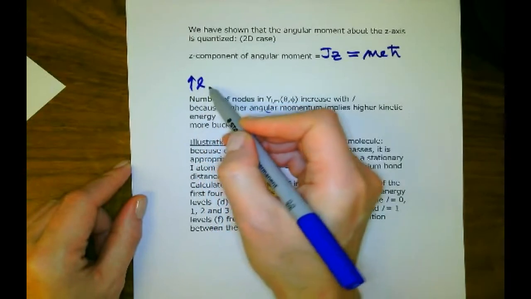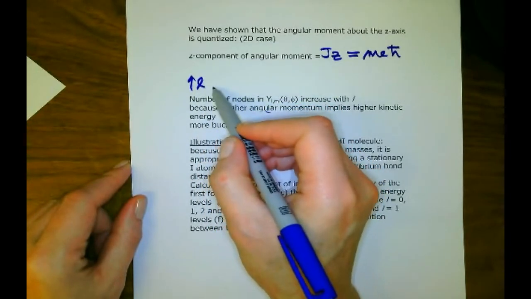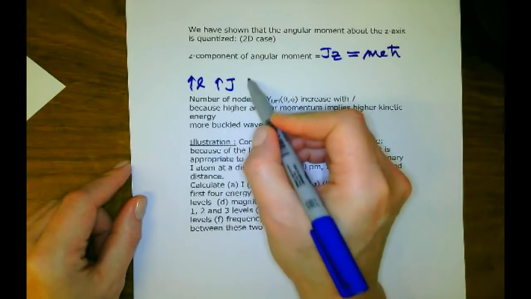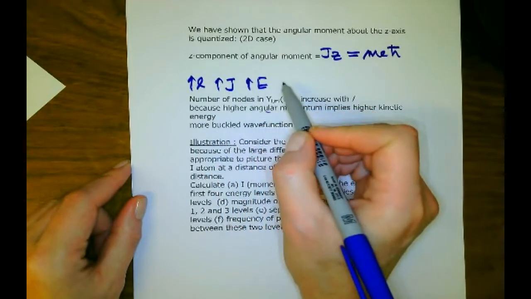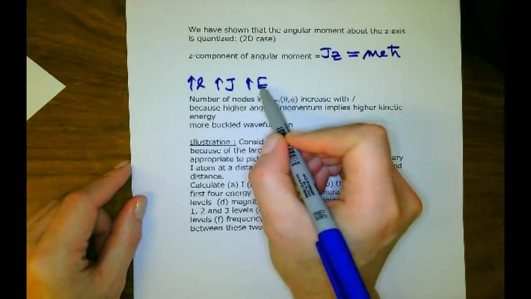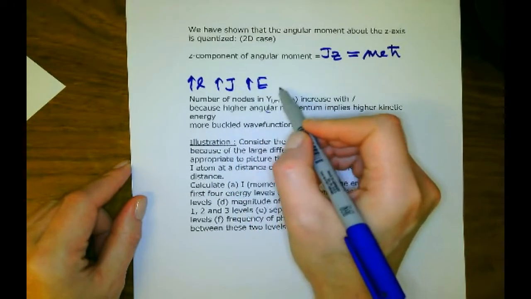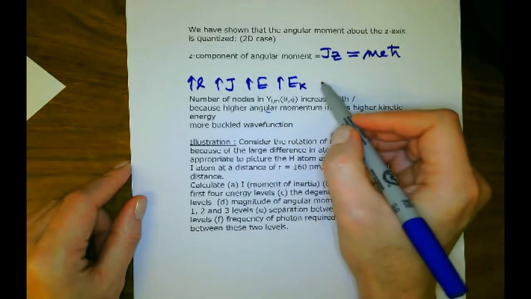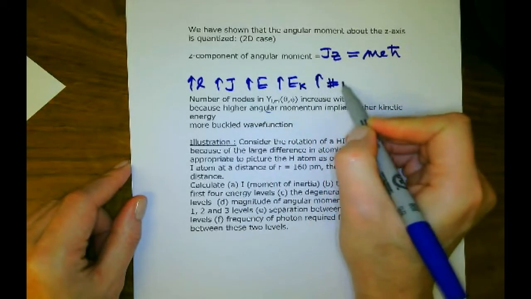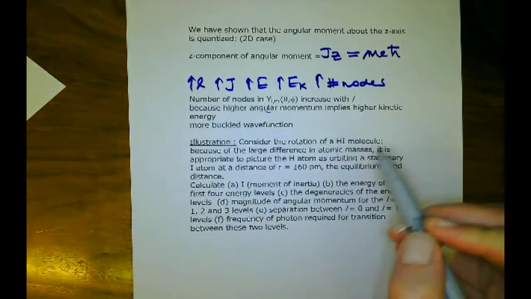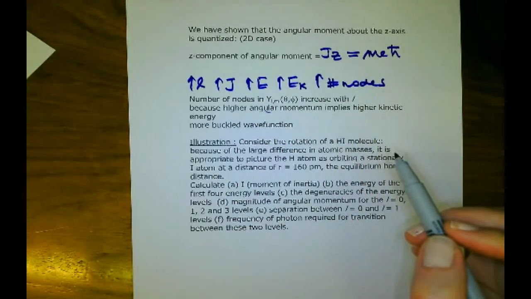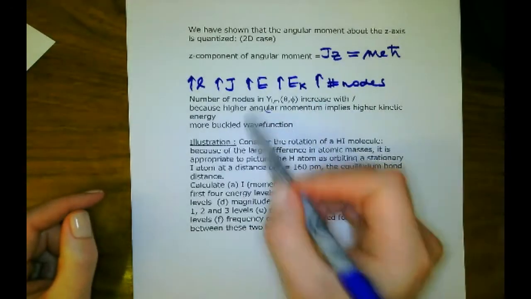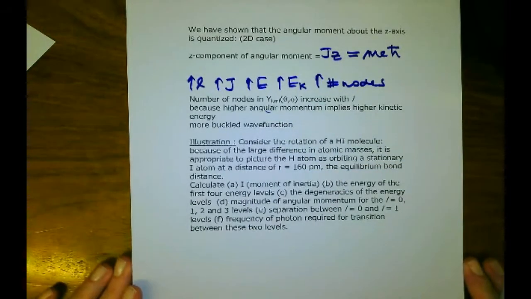So if we express that as an increase in quantum number, increase in angular momentum, increase in energy, because if you look at the relationship between energy and angular momentum, it only has kinetic energy, there's no potential energy, and that would imply an increase in the number of nodes. So that is why we have this relationship.